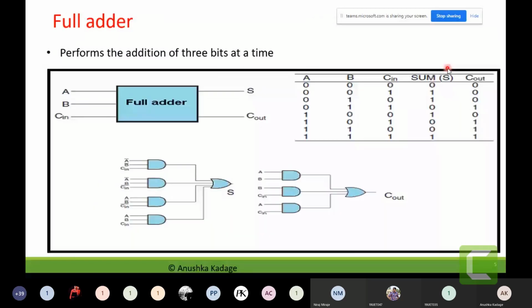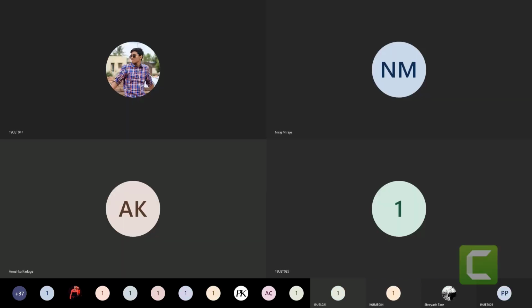For the K-map, we will have 3 input variables, so I have to specify a 3 variable K-map. How will that 3 variable K-map be written for this? I will show you here. Let's say I have A, B, C in as the variable combination. So I will take the C in over here.